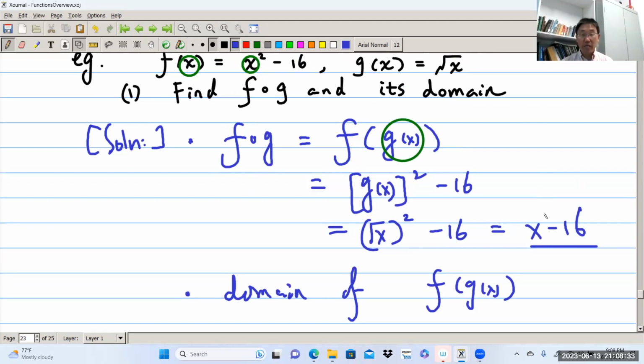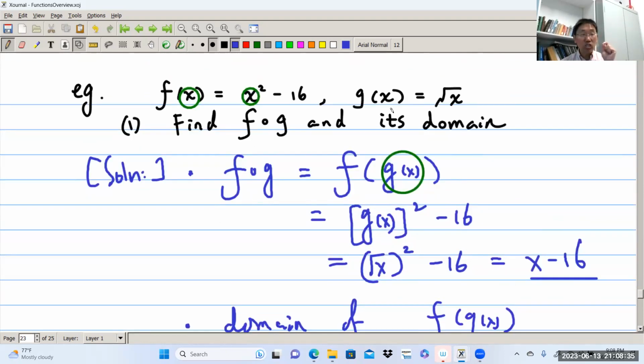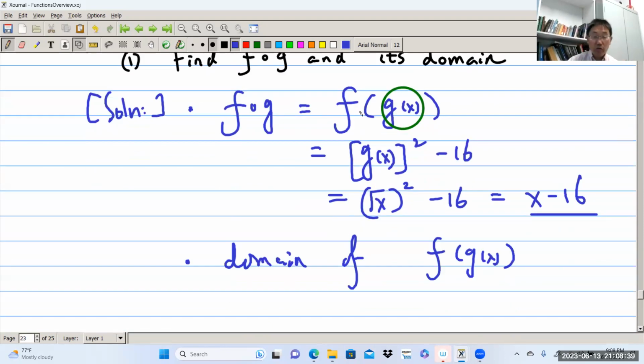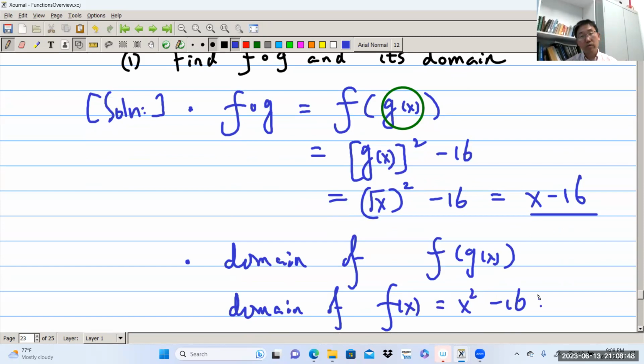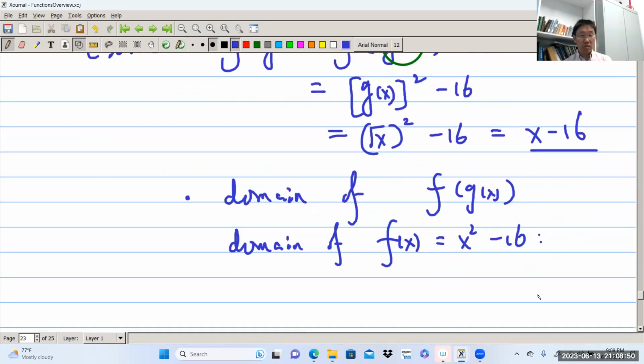Keep in mind, x must make g happy first. So let me ask you, what's the domain of f? You can tell that, right? Don't be afraid. What's the domain of f?